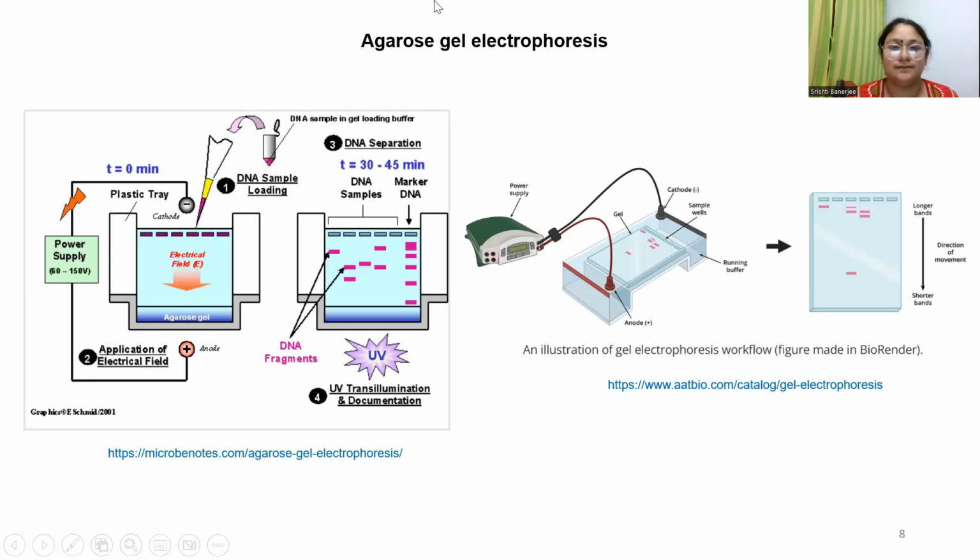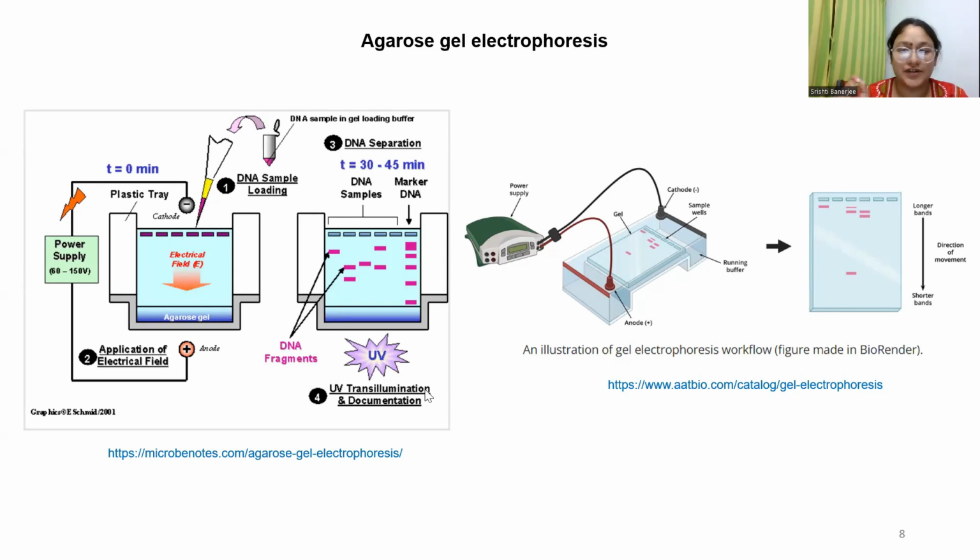Why is the cathode and anode in this orientation and not the opposite? Phosphate group with negative charge. Good. Yes, as we discussed, DNA is negatively charged. So in an electric field, can DNA move towards another negative field? No. It will be attracted towards the positive field. DNA is attracted to the anode. Very good.